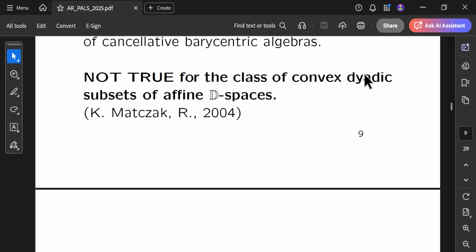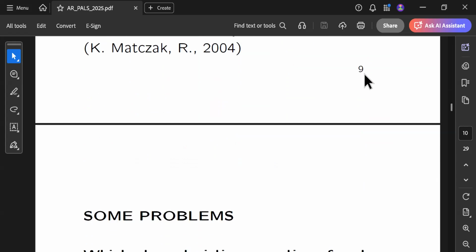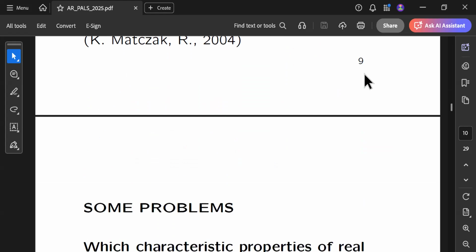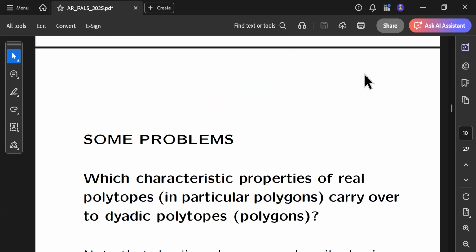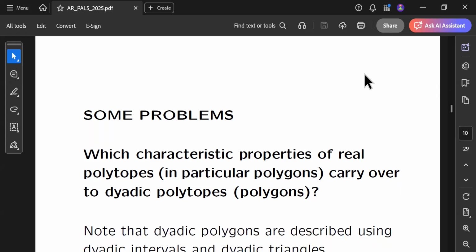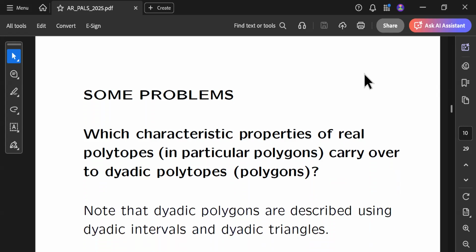When we started to work on commutative binary modes, the basic problem was which characteristic properties of real polytopes, in particular polygons, carry over to dyadic polytopes and polygons. The special role here is played by intervals, dyadic intervals and dyadic triangles.